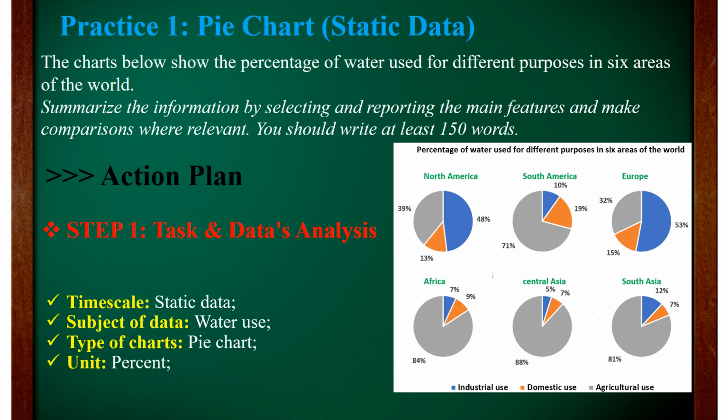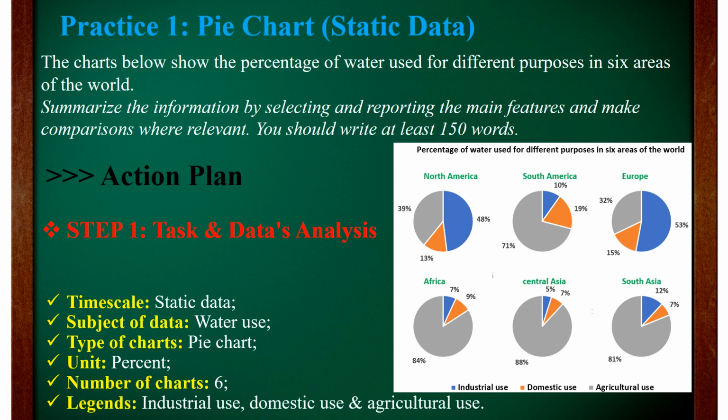Then regarding the number of charts, there are 6 given charts and each one represents one region from North America all the way to South Asia. Lastly is the legend. As you can see in the illustration, there are 3 legends included in all destinations: industrial use, domestic use, and agricultural use. Alright, let's proceed to the next step.